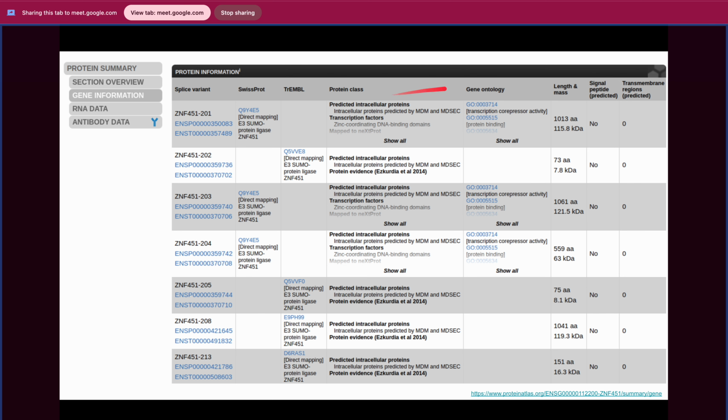Then protein class, gene ontology, length and its mass, signal peptide, whether it is a signaling protein, whether a signal peptide is present or not, whether there is a transmembrane region. The transmembrane region will tell you whether any of these proteins of my gene are expressed in the transmembrane region. So similarly, all this information can be studied from the gene information section.